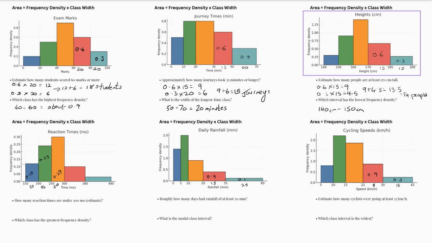So the next one is going to be how many reaction times are under 300 milliseconds, estimated. So I filled in our FDs and our class widths and we're ready to go. So let's work it out. So we have 0.10 times 50. I won't speak while I do this bit because you know what I'm doing.